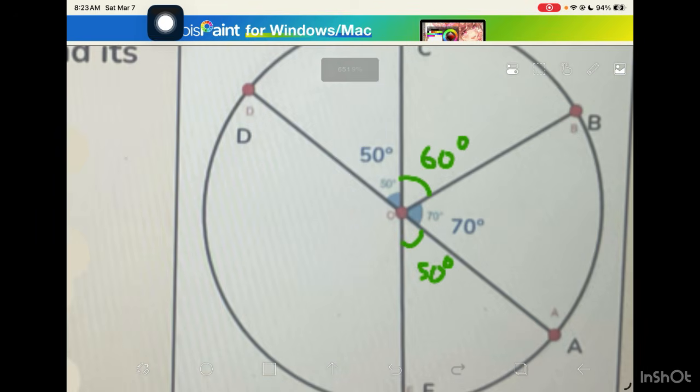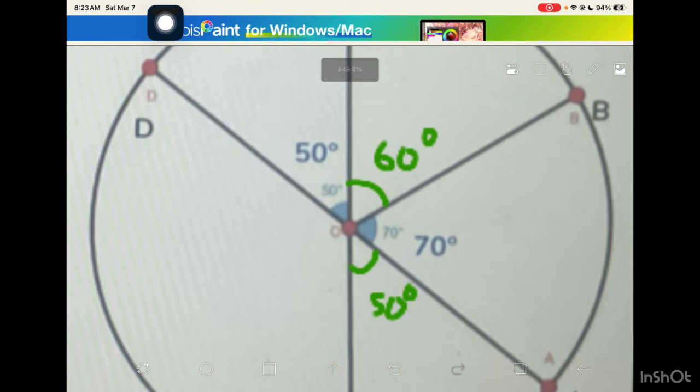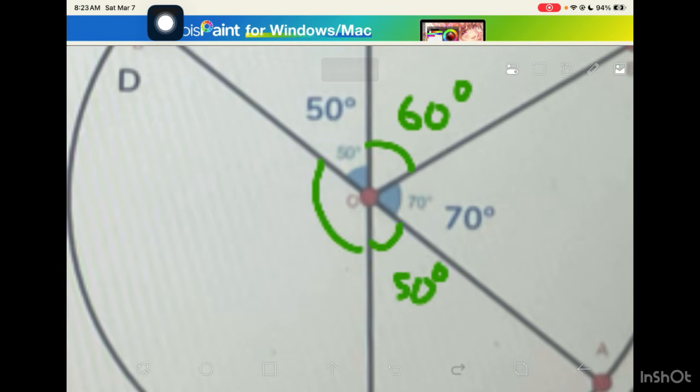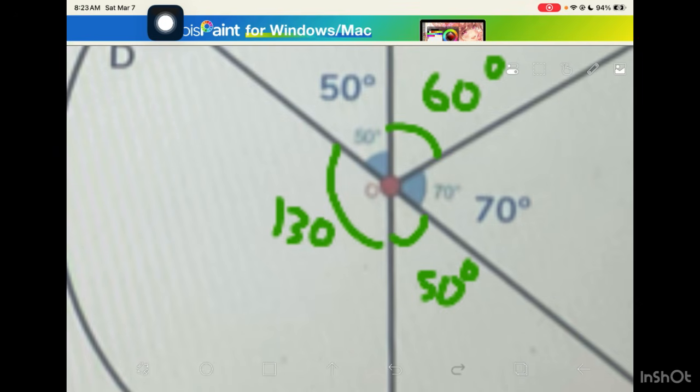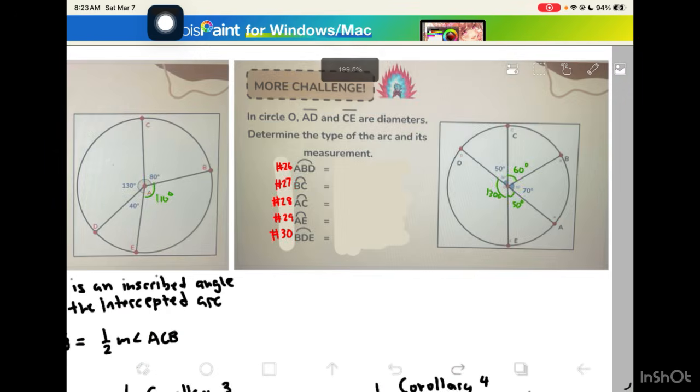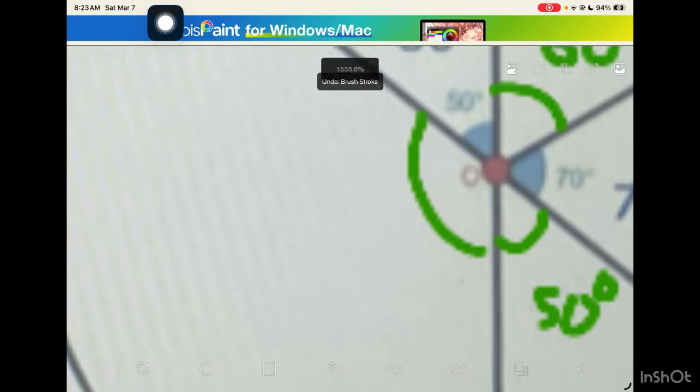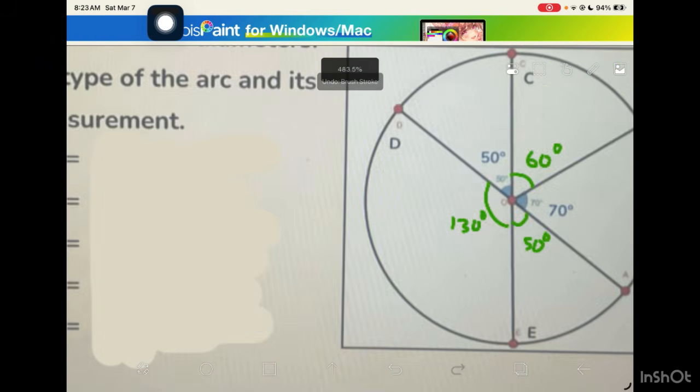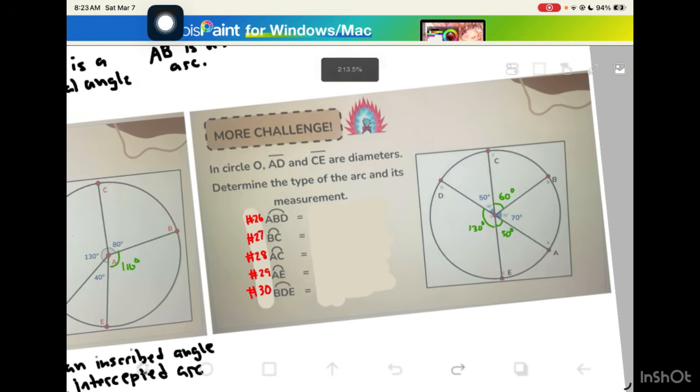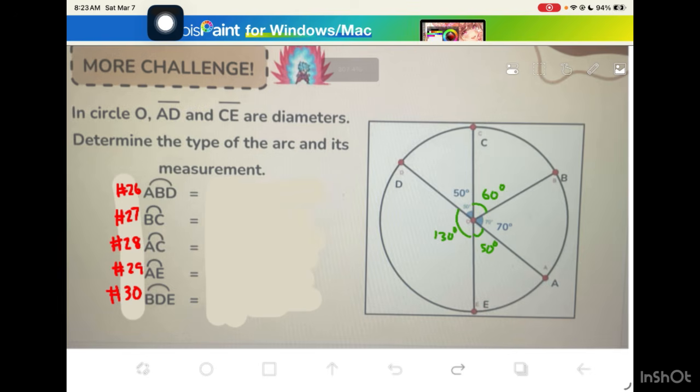And therefore, we can say that 50 plus 50, 100, 160, then 230. So therefore, this one is 130 degrees. Let me clean it up. 130 degrees.